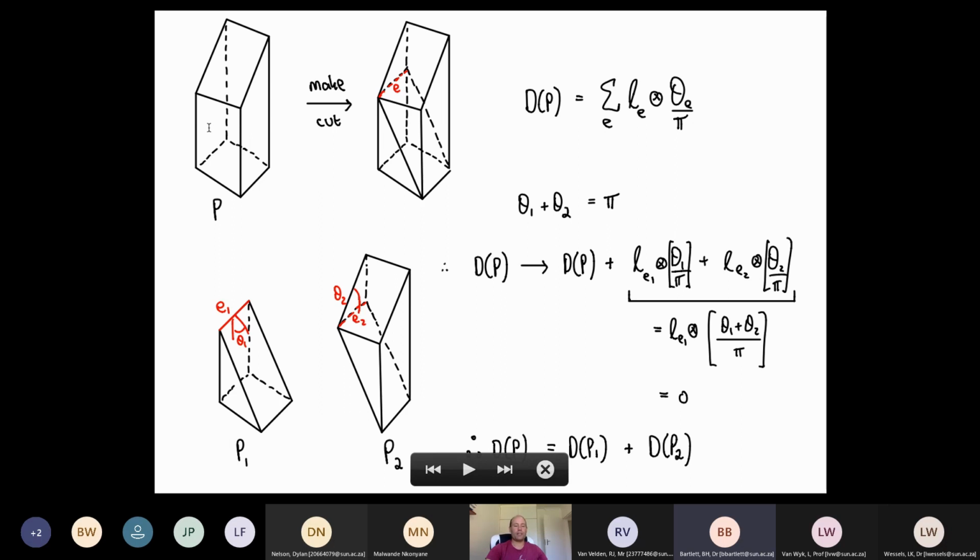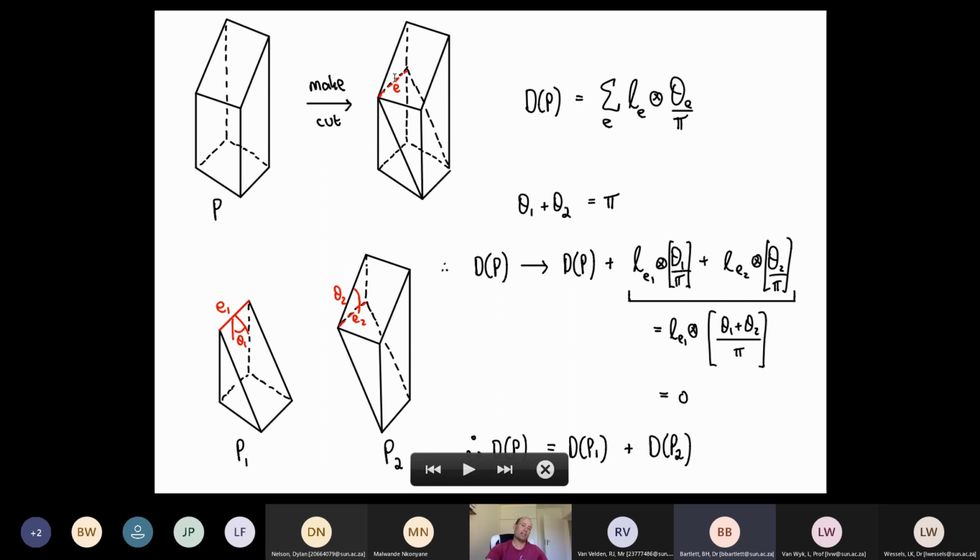Now let's have a look at what happens when we make this cut. We're going to introduce a bunch of new edges inside the cut polyhedra P1 and P2. So for example, this edge E is going to become E1 and E2 inside the cut polyhedra P1 and P2. But something that you immediately see is that the dihedral angle θ1 plus the dihedral angle θ2 must add up to pi, because over here we've cut a plane or an angle into two.